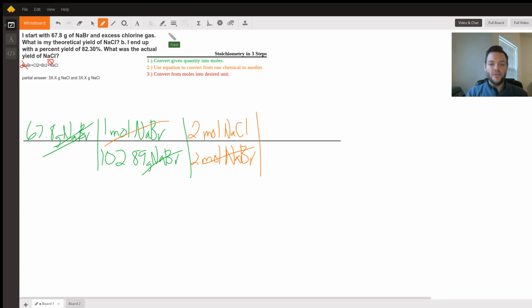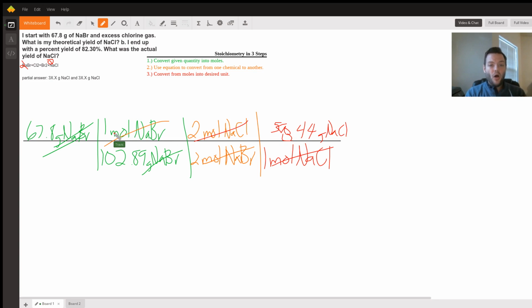Now that we've converted it into the chemical we want, sodium chloride, we need to convert it into the unit that we want. In order to do that, we again would use our molar mass. Since we have moles of sodium chloride, and it's asking for grams of sodium chloride, we use the molar mass from the periodic table, adding 1 sodium atom and 1 chlorine atom to get a molar mass of 58.44 grams of sodium chloride.